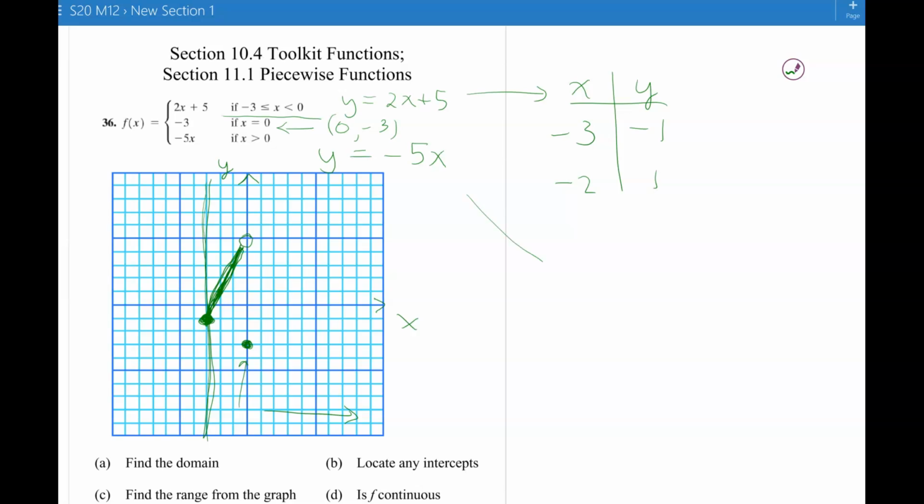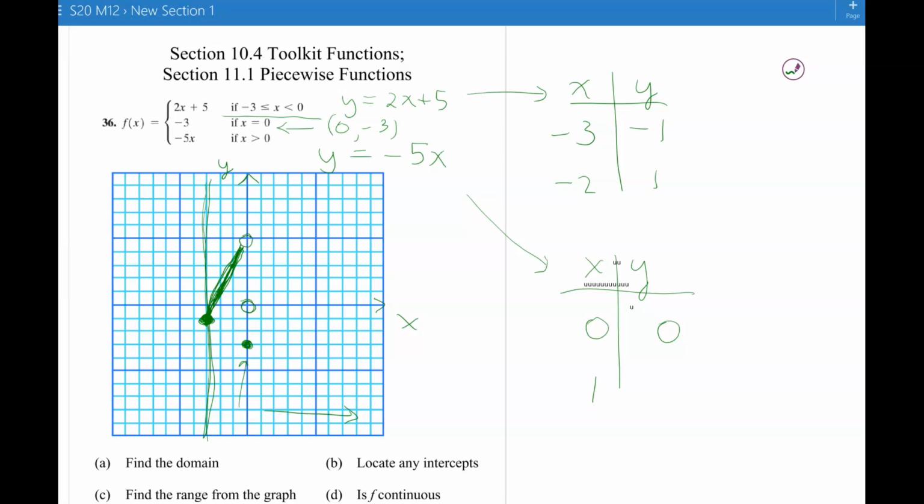And then let's look at where the graph goes if I have the y equals -5x part. And at 0, we would be at 0. So there's an open circle at (0, 0), where the graph would start, but it's not defined there.